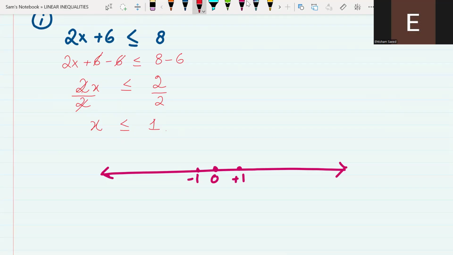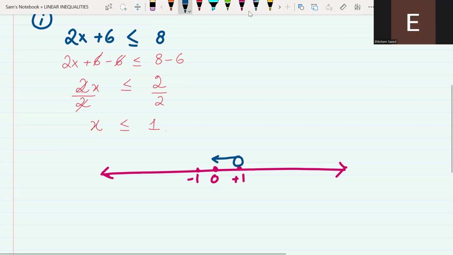So I will make a circle on 1. I think I need to change the color of the circle. So dark. Okay. I have made one circle for the number line representation and I have to show the direction. So x value is less, is it on the left hand side or right hand side? Here 0 is less than plus 1, so I will be pointing towards this direction.